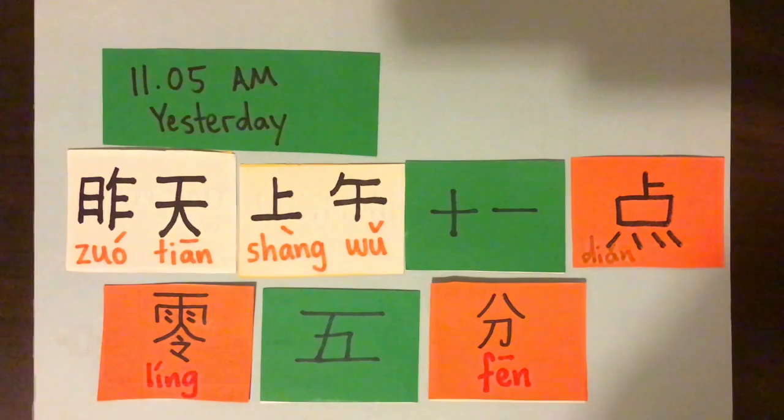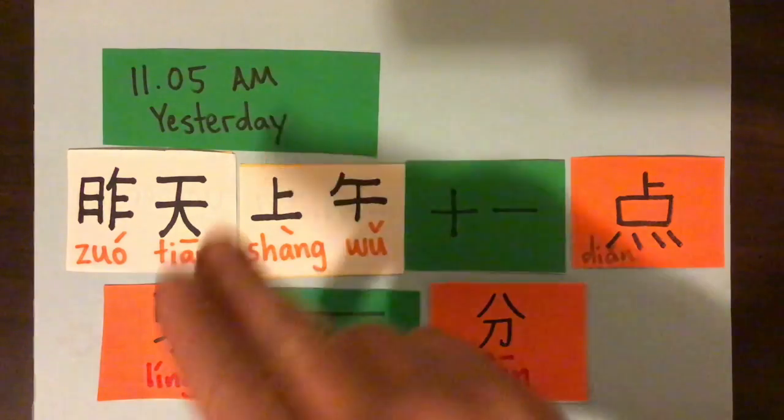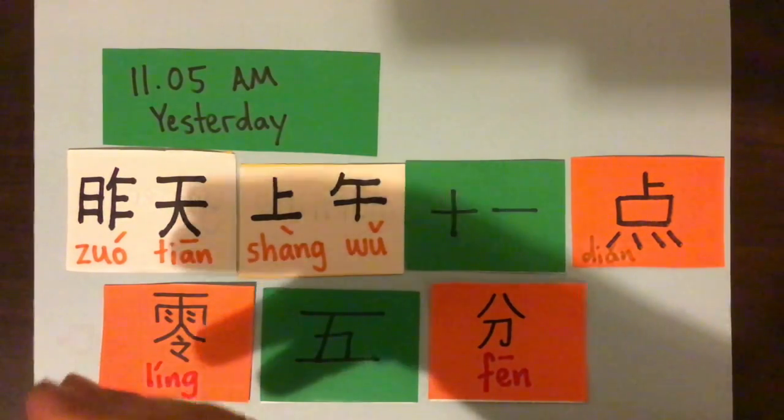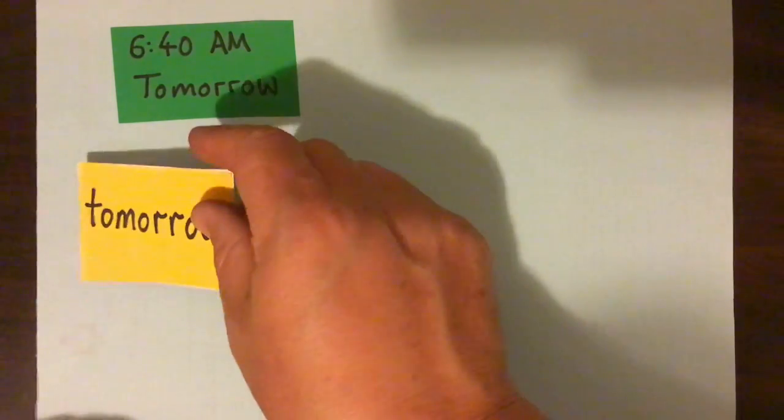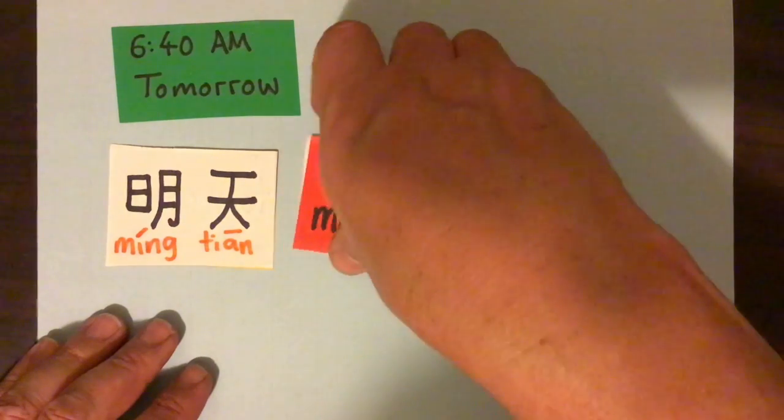I know it seems like a real mind full of information right now, everybody, but honestly, the more you practice this, the easier it gets, and the more second nature it gets of being able to tell the time in another language. One last time to have a go at. 6:40 a.m. tomorrow. Wow, that sounds early. Okay, let's have a look. We need the word for tomorrow, which is 明天. Then we need the hours. Oh, no, we don't. Whoops, my apologies. We need the word for early morning.